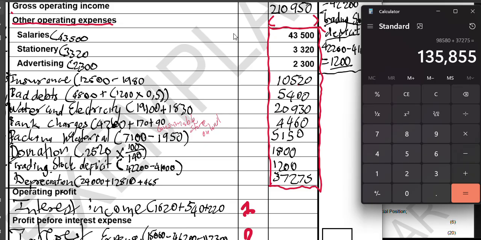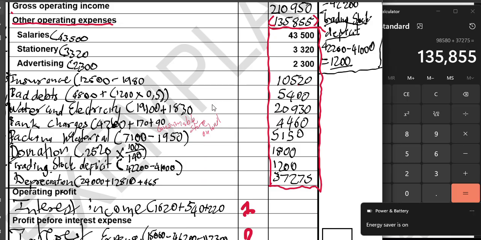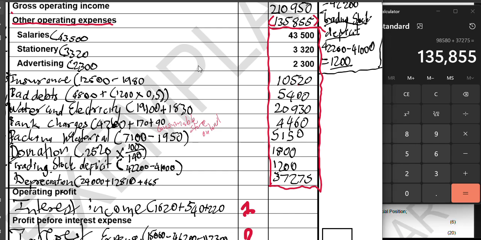So we come back here and we write our gross operating expenses, which is 135,855. My apologies, I meant this is our gross operating expense.